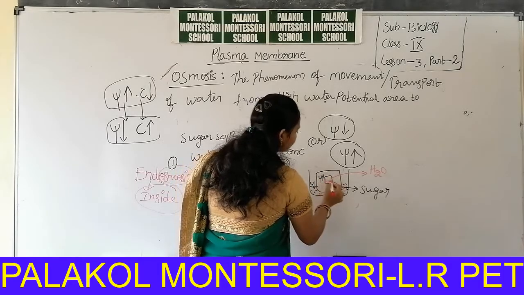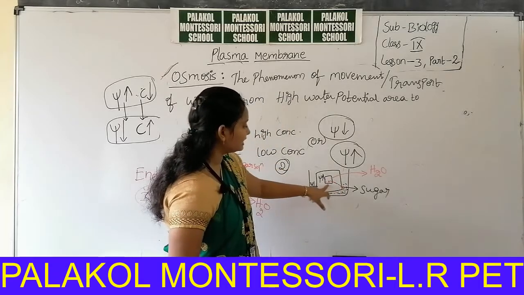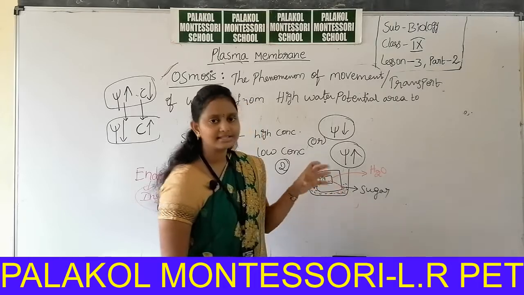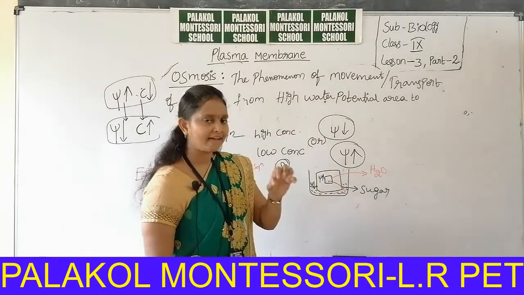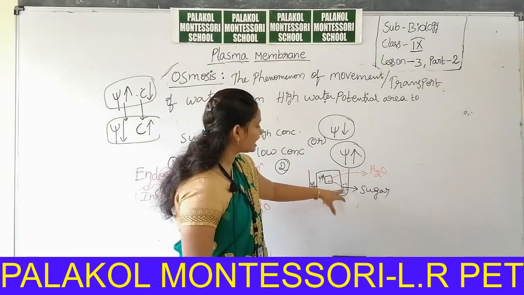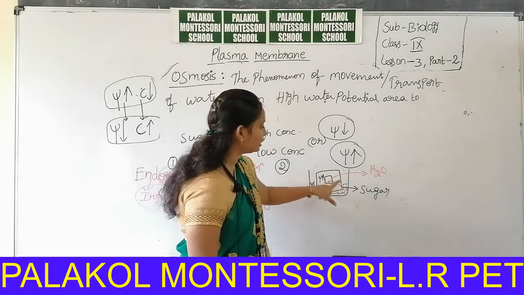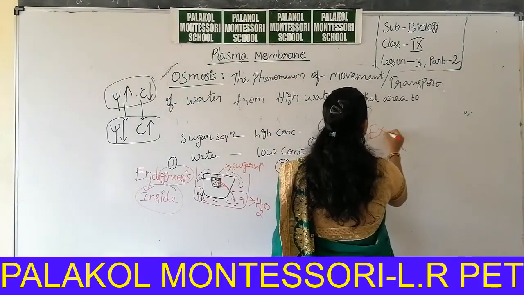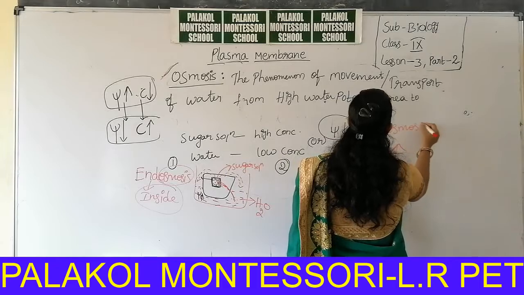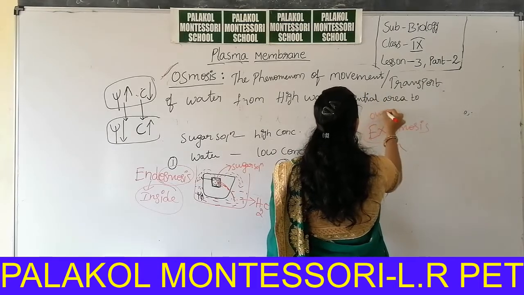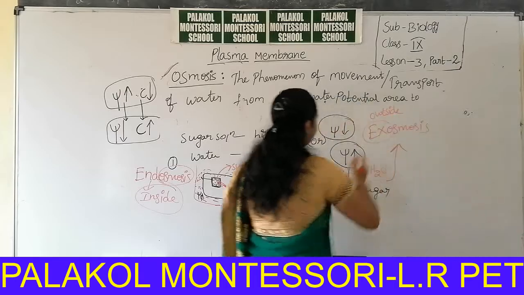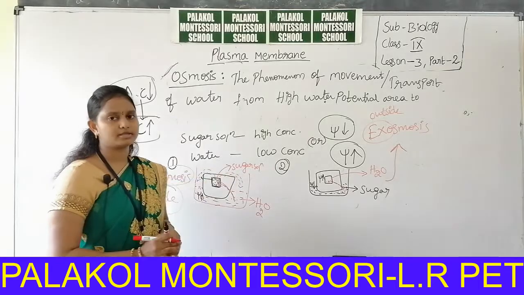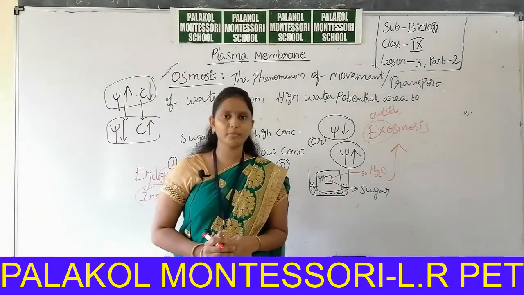So you can conclude that the water is moving from inside to the outside of the cell. Potato is nothing but a plant cell. So through the plasma membrane, water is coming from inner side to the outer side. So this type of osmosis is called as exosmosis. Exo means outside, towards outside. In this experiment we discussed endosmosis and exosmosis. Okay students, got my point? Thank you.